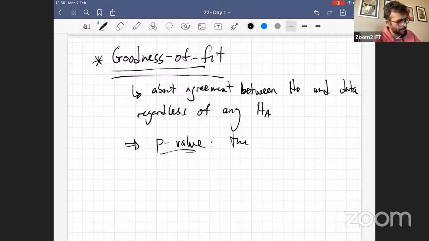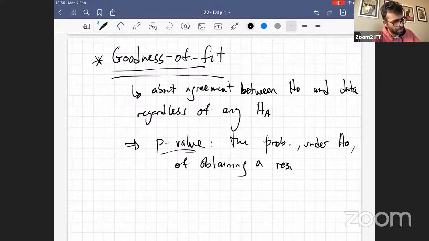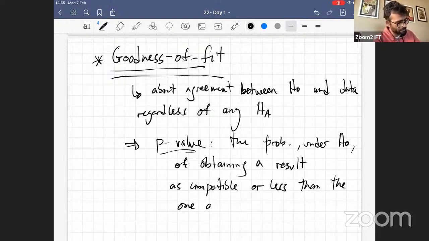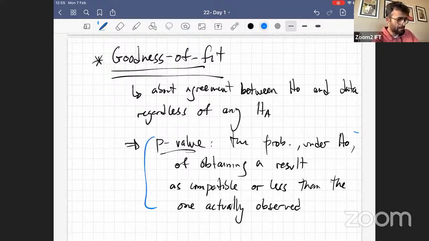It is the probability, of course under H0, of obtaining a result in your measurement, in your data, which is as compatible or less compatible with H0 than the one actually observed. So this is just the definition of the p-value.